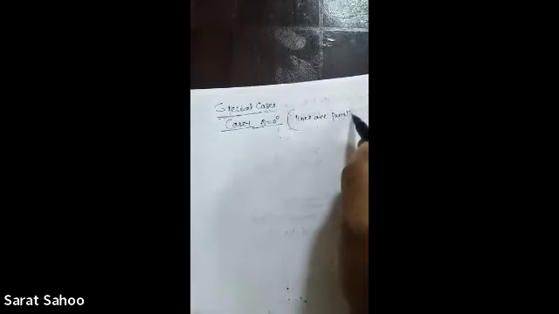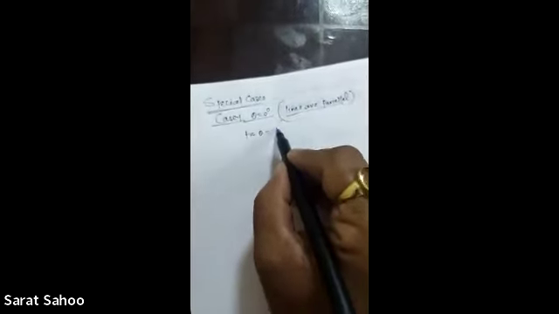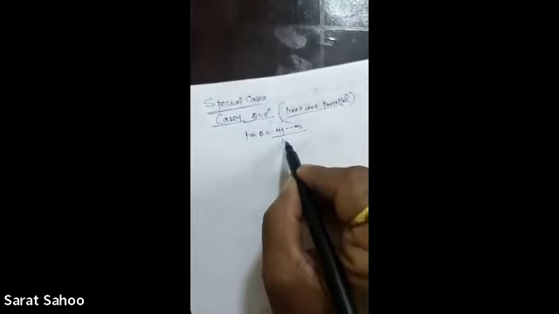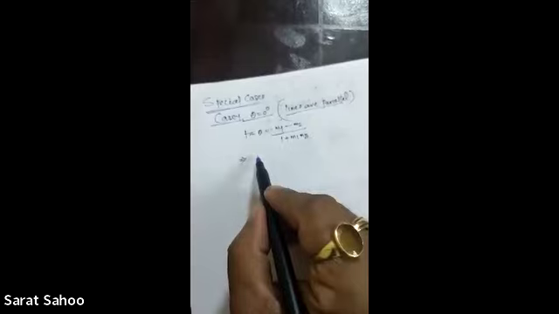That means lines are parallel. If two lines are parallel, then what is the relation between their slopes? Okay. So we have tan theta is equal to m1 minus m2 upon 1 plus m1 m2. So substitute theta is equal to 0.